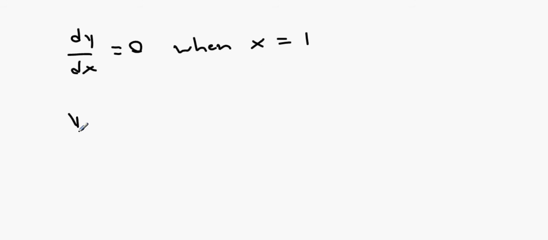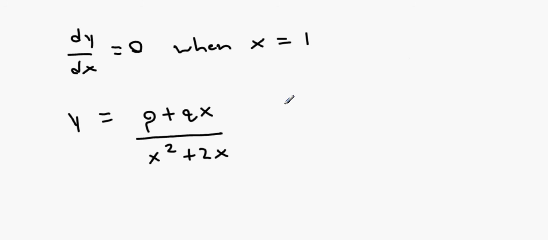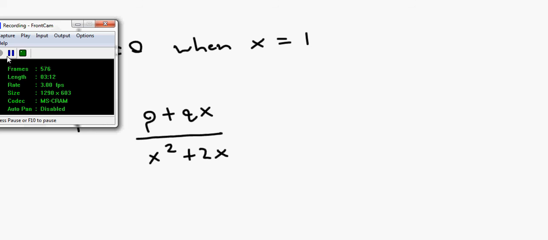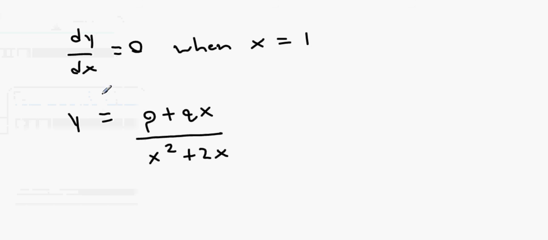And what I'm going to do is I'm going to multiply out the denominator before I begin, just to make it hopefully a bit easier to differentiate. Now, what we very much have here is a quotient rule. So the first piece of information we want to do is differentiate this, okay? So this one here is going to be u, and this one here is going to be v.